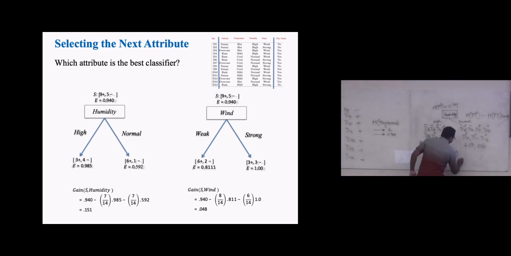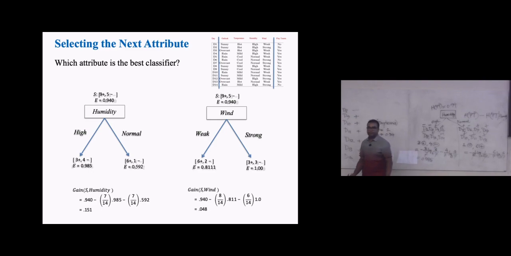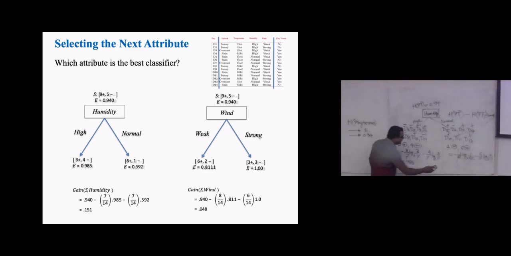What happens here? Minus 1 by 6 log 2 base 1 by 6 minus, no, that's 7, right? 6 by 7 log 6 by 7, right? This is 7.